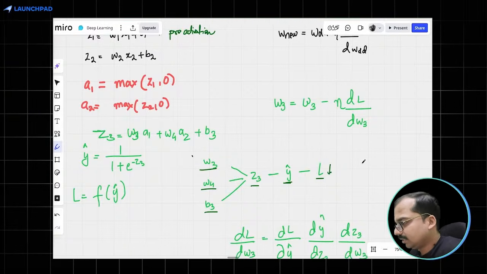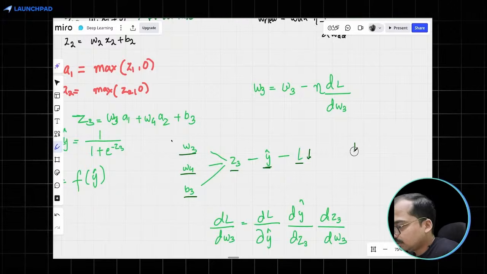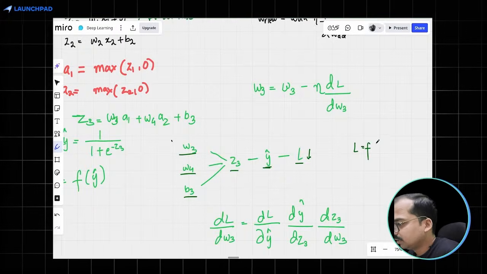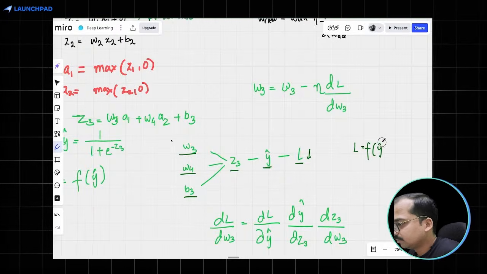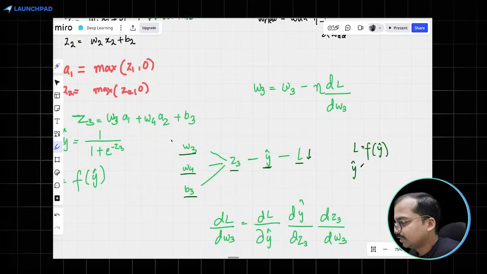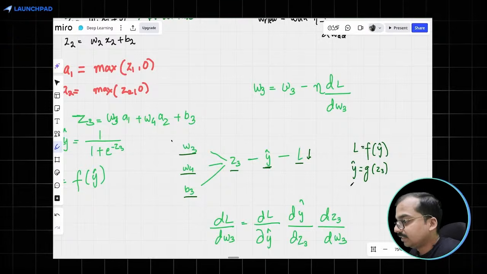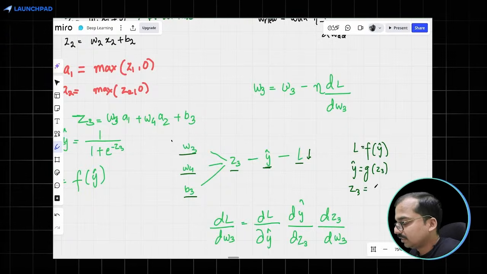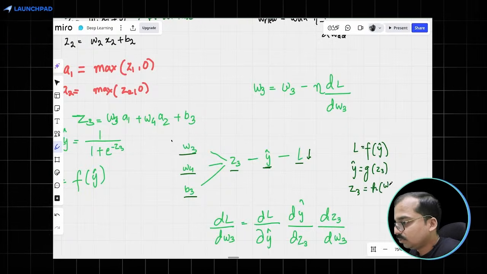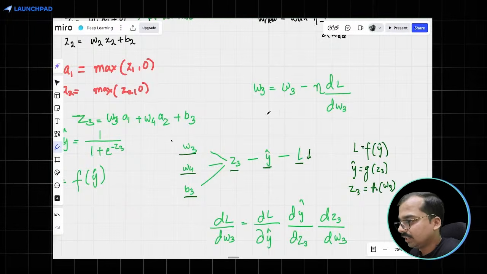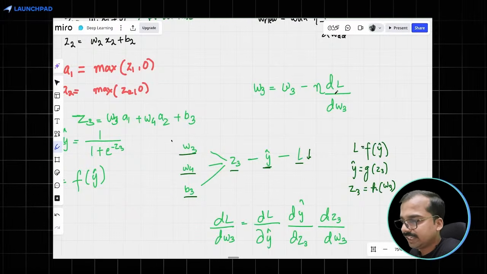Now, can you see something like this? Loss is a function of y hat. Y hat is a function of z3, and z3 is a function of w3 also. Right now I want dL by dW3.